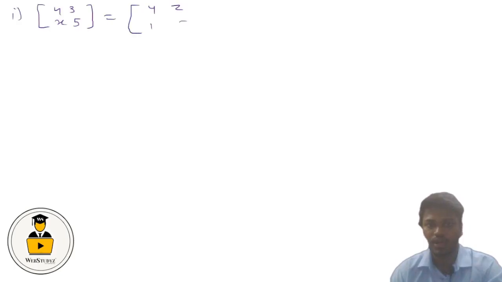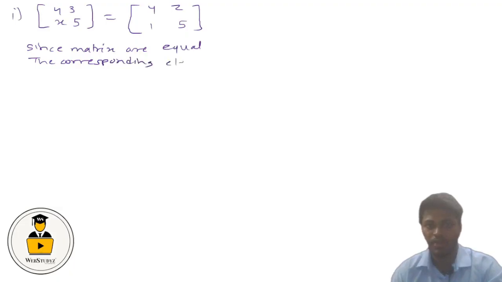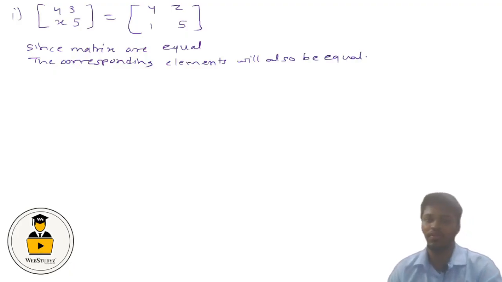So since we have given that matrices are equal, we can say that the corresponding elements will also be equal.